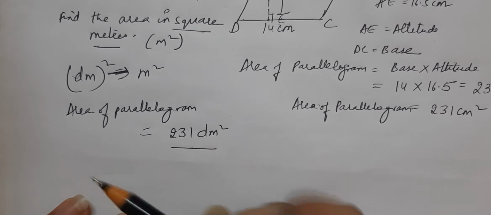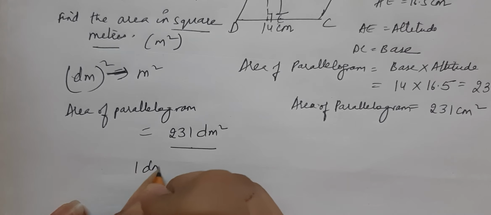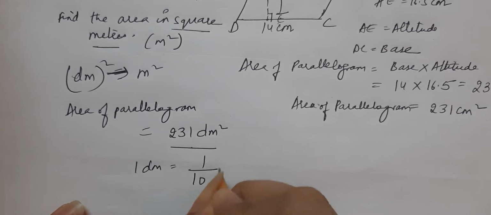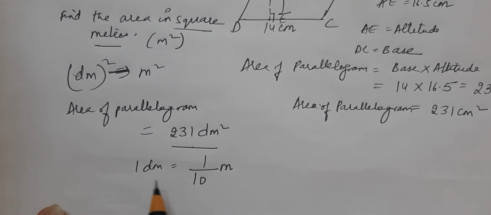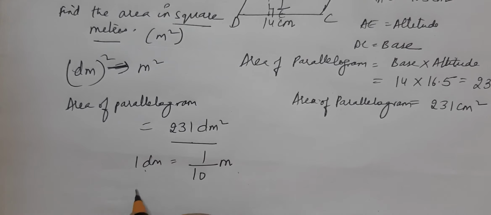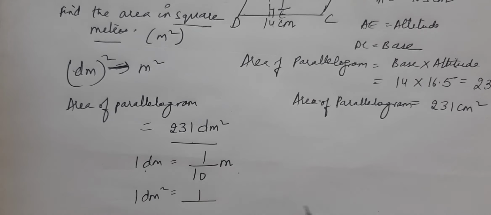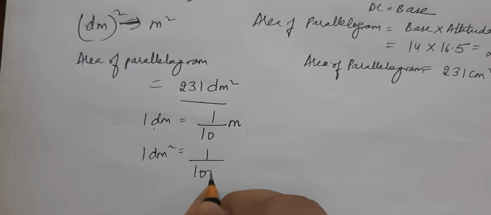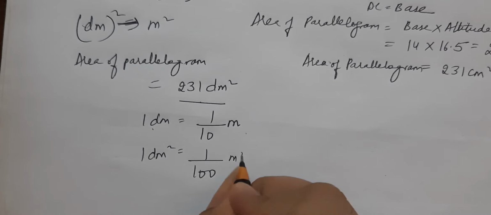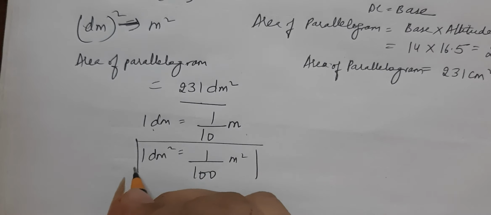Now I know that 1 dm equals 1 by 10 of a meter, because the decimeter is a smaller unit than meter. So I have already told you that we will divide, and because it is now square, 1 dm square means 1 by 10 squared, which is 1 by 100 meter square. So I will use this.